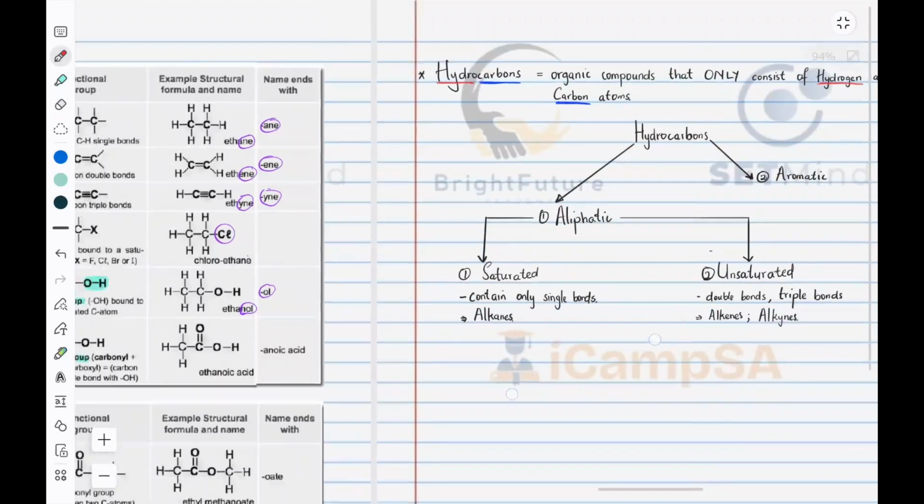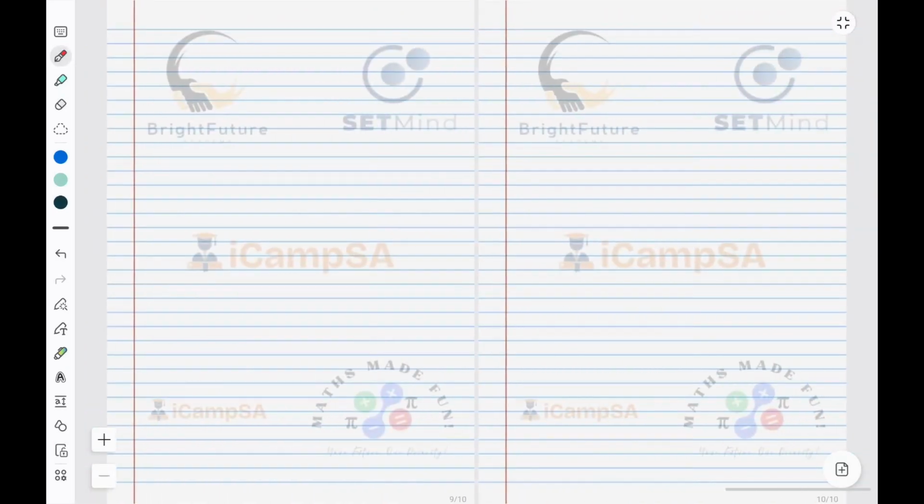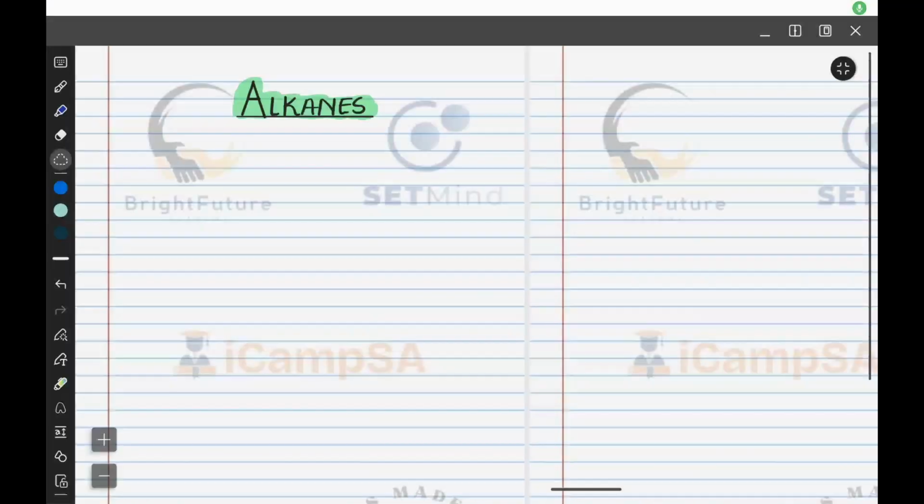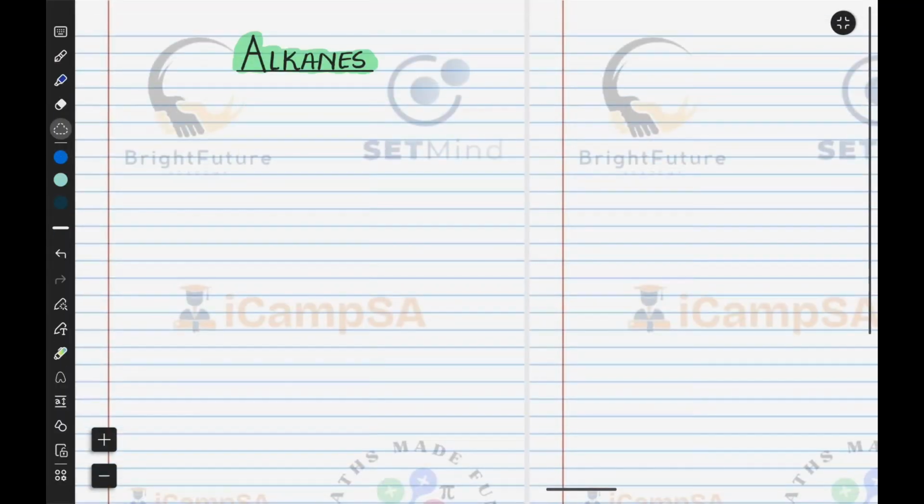All right, so now we can start talking about alkanes, and learning how to do IUPAC naming for these organic compounds. Our first focus will be on alkanes, but before we start, let's remind ourselves that alkanes typically have these four characteristics. They are hydrocarbons. In fact, they are saturated hydrocarbons because they have single carbon to hydrogen and carbon to carbon bonds.